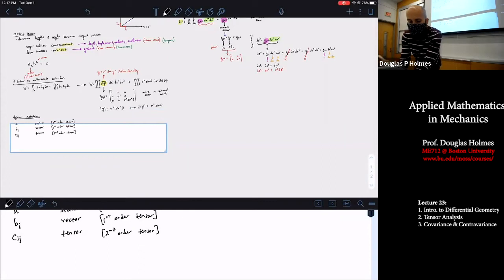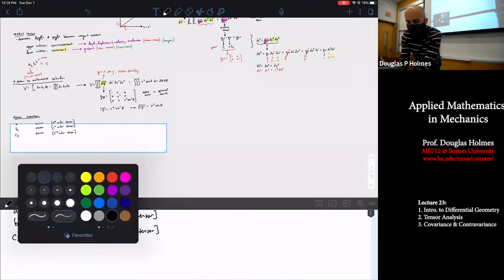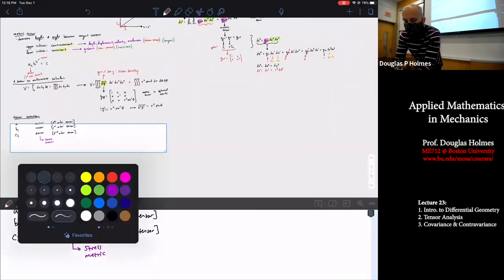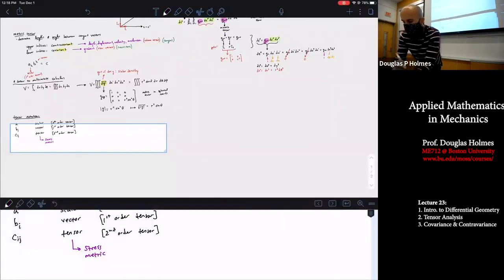If you're not used to thinking about second order tensors, things like stress and, well, the metric tensor are second order tensors. You can keep going. So we could say d_ijk would be a third order tensor.